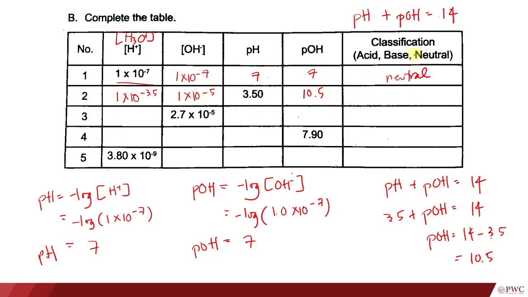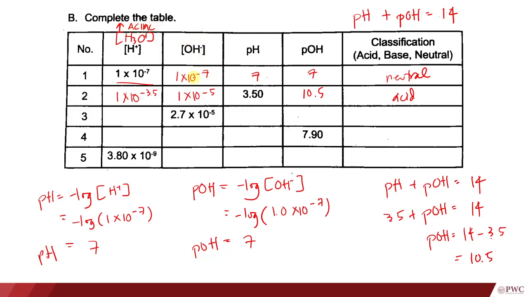So let's classify this one. The pH here is 3.5, that's less than 7. Again, 7 is neutral. When it's less than 7, that is an acid. It's also based on the concentration of H3O plus and the OH minus. Remember that when the concentration of H3O plus is greater compared to the hydroxide, this one is acidic.